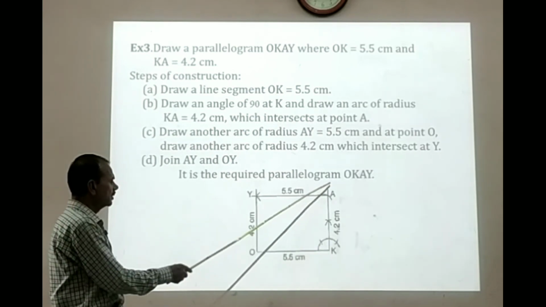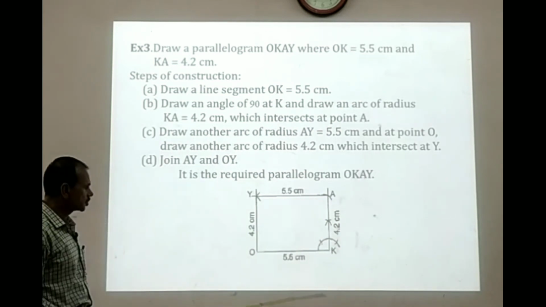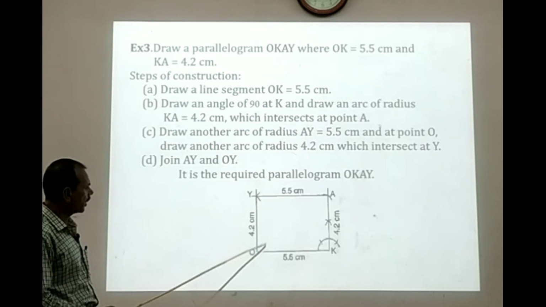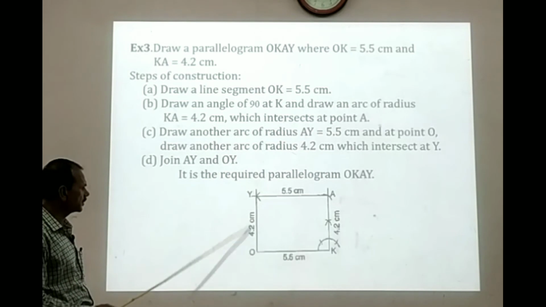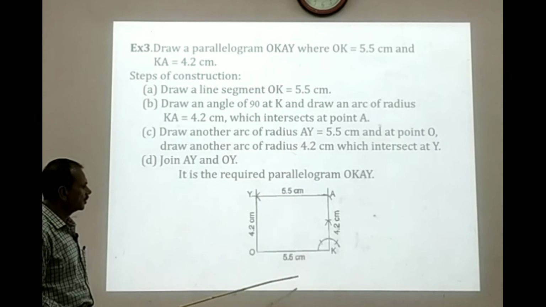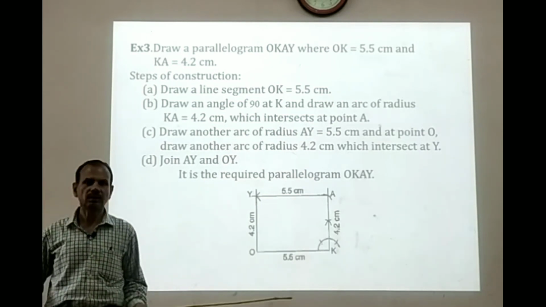At point A. Similarly, opposite sides are equal. So O as a center, draw an arc, of course that is 4.2 centimeter. And now take 5.5 centimeter in a compass.